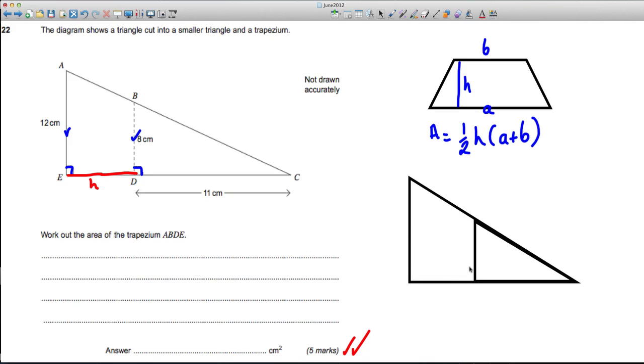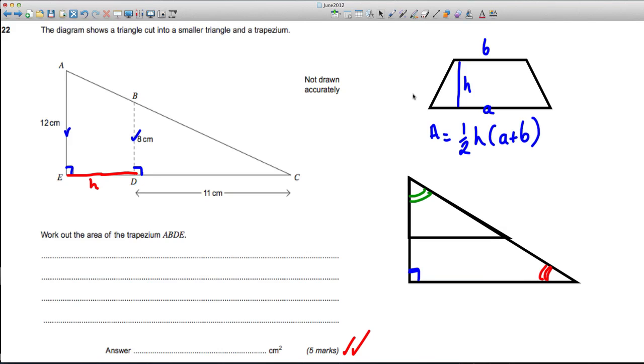Whenever you see a scenario like this, the triangles are similar. Why? Because obviously they share the same angle there. Now, they also share the same angle here, don't they? And clearly it shares the same angle here because it fits in.